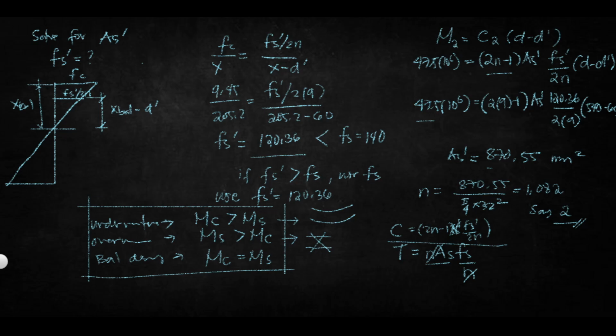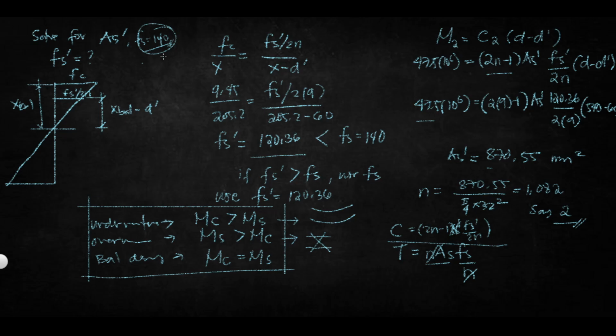ang unang tanong dito is siyempre yung stress sa may compression steel. Bakit hindi po, hindi ba Fs is equal to 140, sir? Diba? So, alam po natin, sabi ko dun sa naunang mga example, yes, the allowable steel is 140. So, hindi ka pwede lumagpas ng 140.